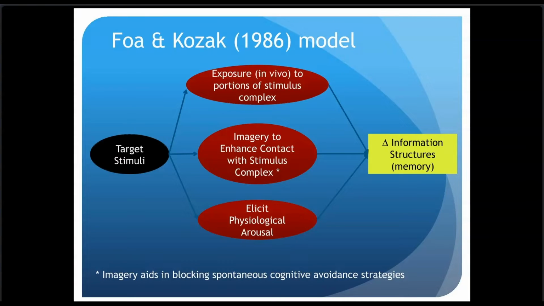Because think about the way that this unfolds. Client comes into your office, and if you follow the Foa and Kozak model strictly and to the letter, that would mean when they enter the office, your task for every session is to elicit anxiety at a fairly high level, just high enough that you engage that fear structure and then have it habituate.